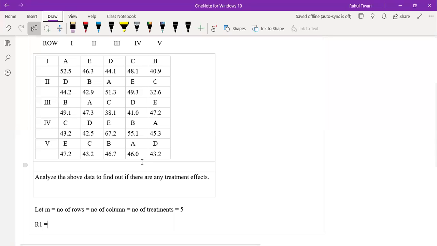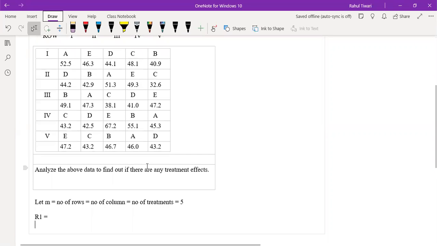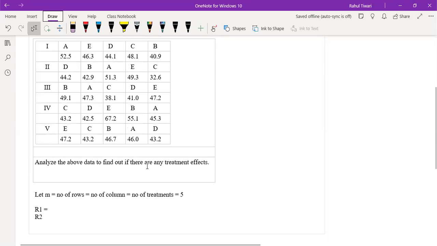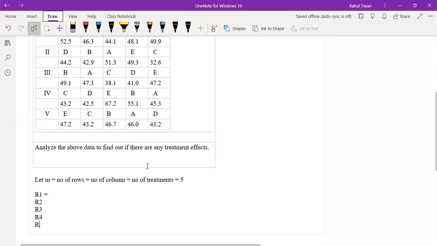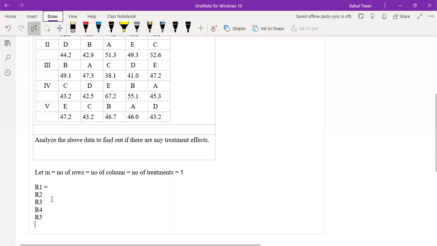So we have to find out R1, then find out R2, R3, R4, and similarly R5. We need to obtain this data, and after this we need to have the column total. Once we have the row total, we need to obtain the column total.